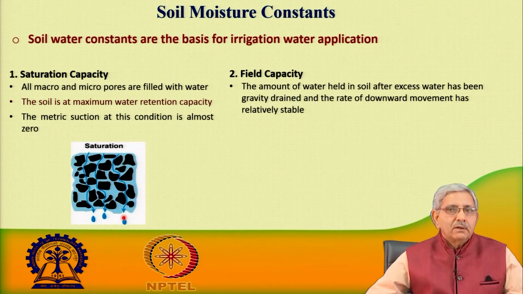Another important parameter among the soil water constants is field capacity. Field capacity means the water held in the soil after excess water has been drained by the force of gravity. So, this condition is attained after the gravitational water has been drained out of the soil mass.